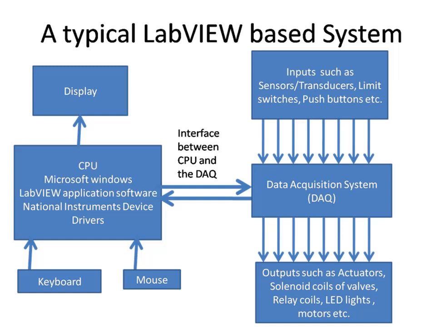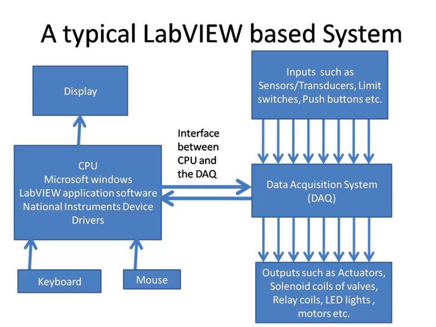These control signals are sent back to the data acquisition device, which sends those signals to various outputs and actuators such as solenoid coils of valves, LED lights, motors, relay coils and so on. So this is a two-way system.